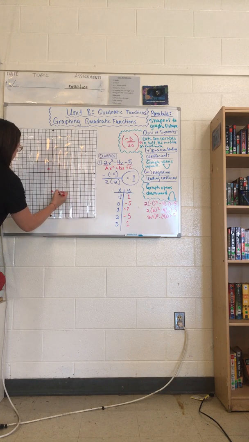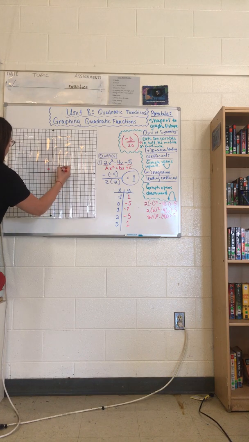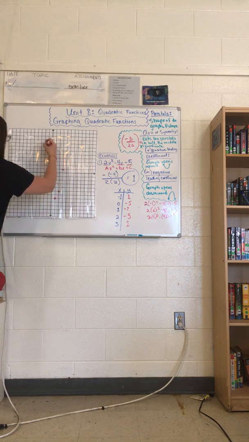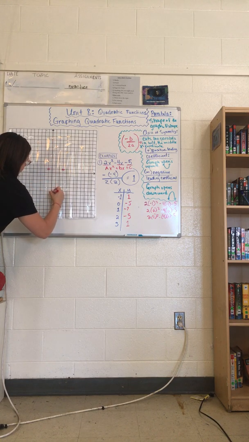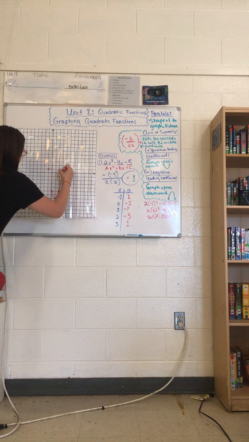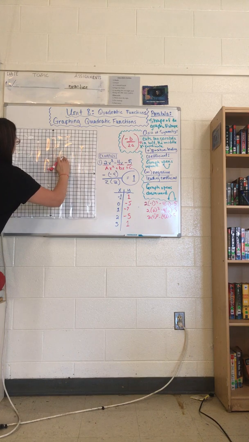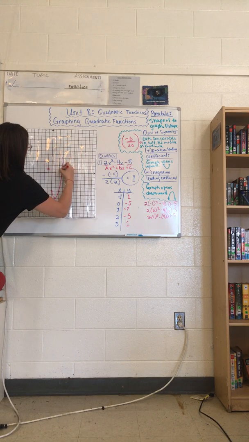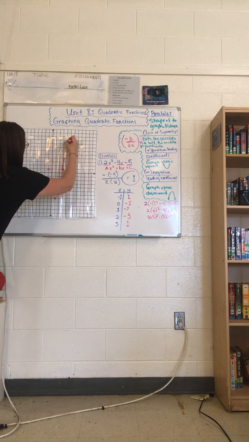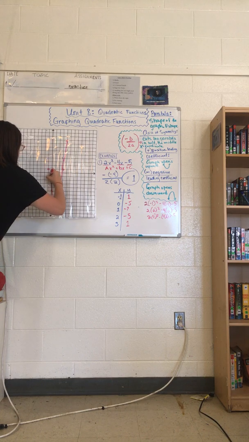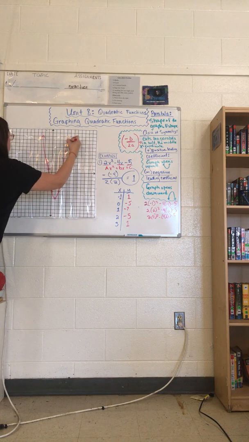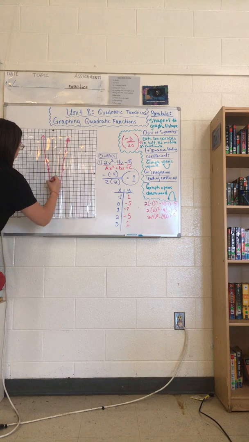And then I have 2, -5, and 3, 1, which is right here. Okay, and I can draw my curve. My U shape. Sorry, there's a crease there that makes it hard to draw. Okay, and that's how I do this.